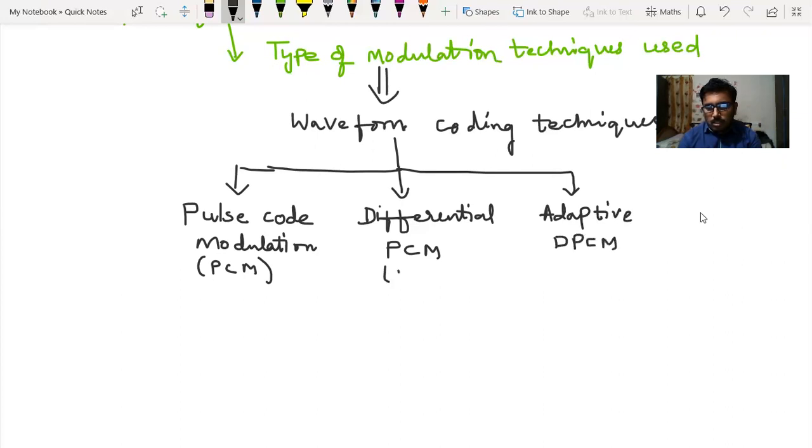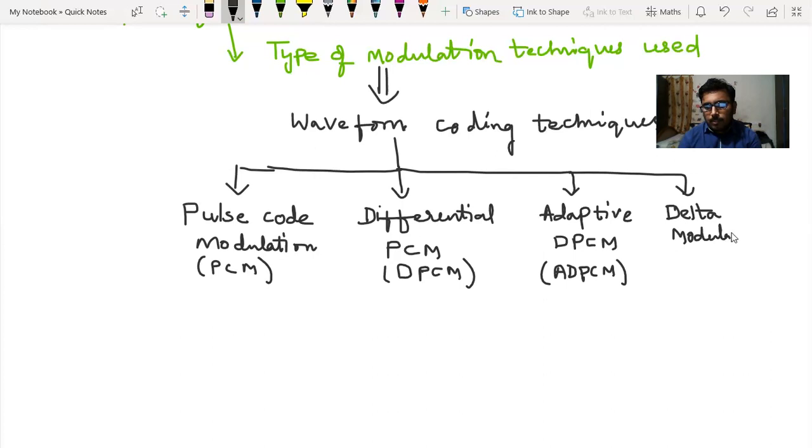And next we come across one more method called delta modulation. This also comes under the waveform coding techniques, and we can name it DM.